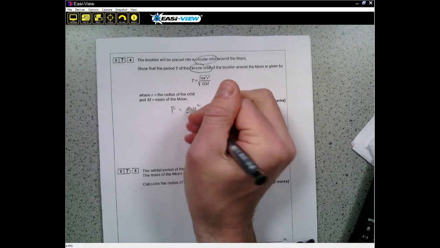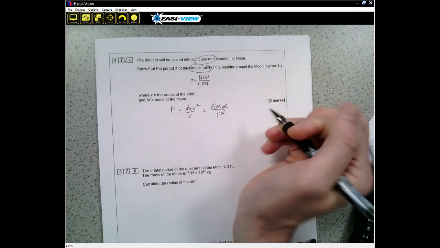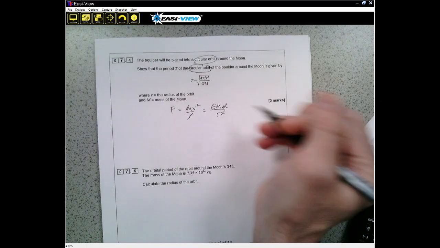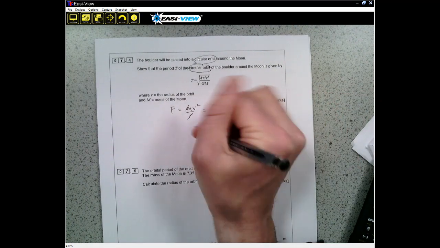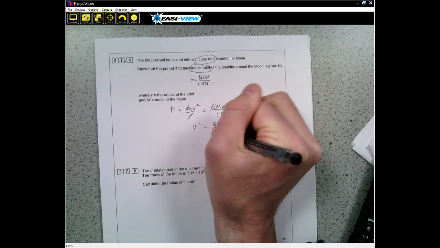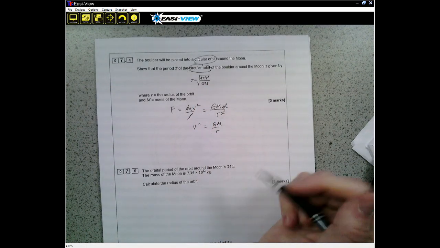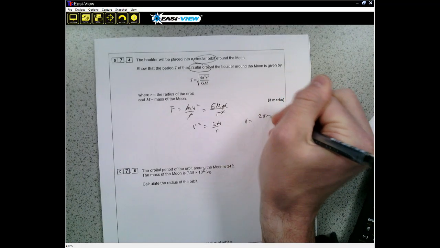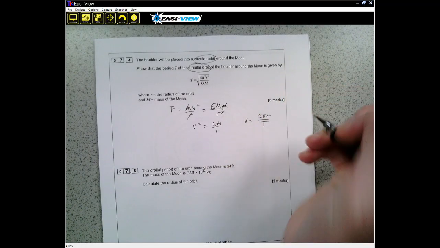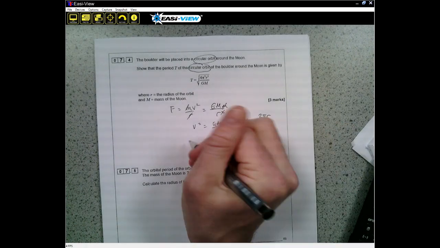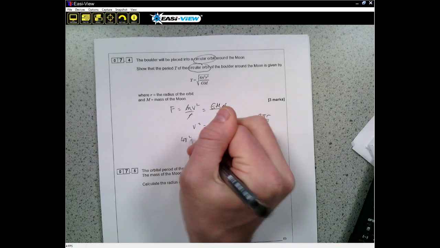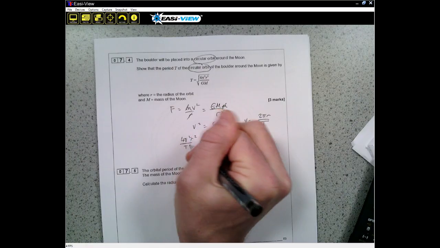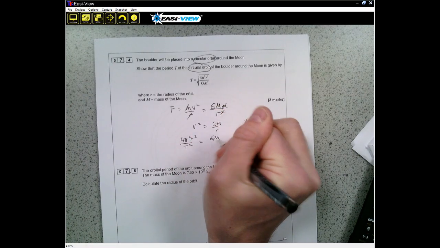Those m's cancel. One of the r's cancels, and we end up with v squared equals GM over r. But we also know that v equals 2 pi r over T.